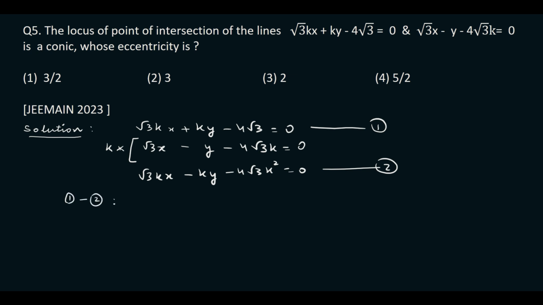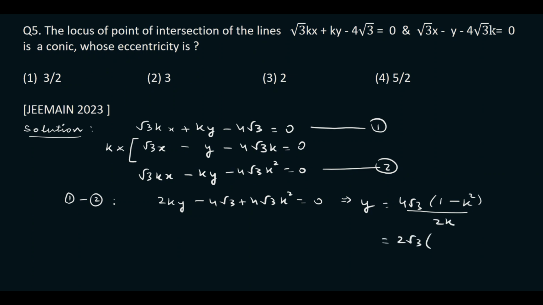Now if you subtract the two equations, 1 minus 2, you get 2ky minus 4 root 3 plus 4 root 3 k square equal to 0. This will on simplification give you y equals 4 root 3 (1 minus k square) upon 2k, which becomes 2 root 3 (1 by k minus k).